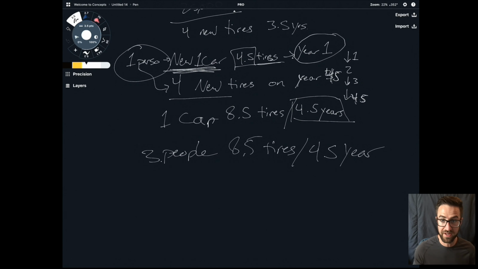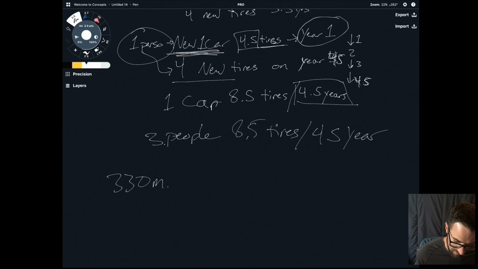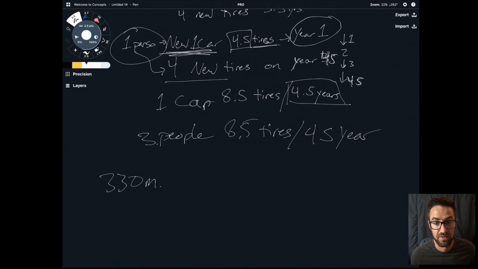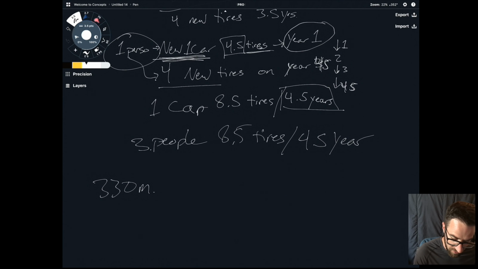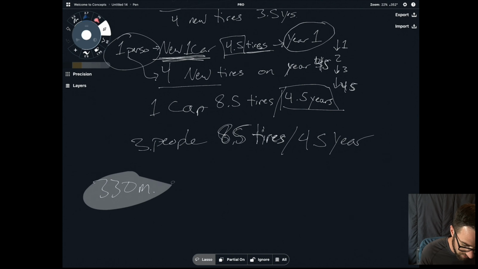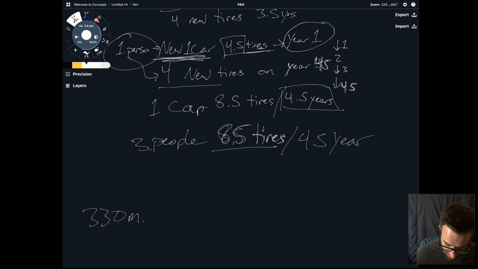Okay, now we're getting close to an answer. Because how many people are in the United States? 330 million. Now, if we want to know how many tires per year, let's get this answer first, and then we will go to our final answer. 8.5 tires every 4.5 years.